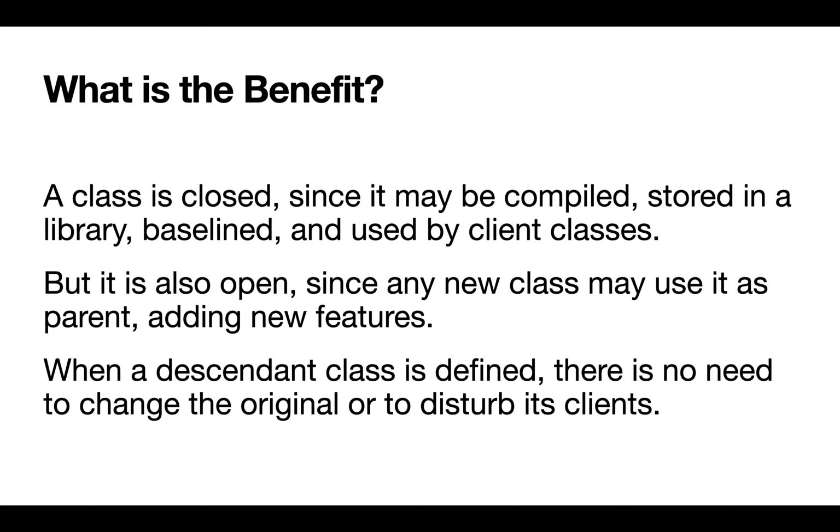In those cases, by following the OCP, we are saying that we will not make changes in that class. That means the class can be stored in a library, or it's compiled, while it is open for any new class to use it as a parent and add the new features.